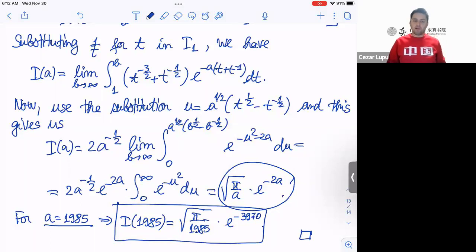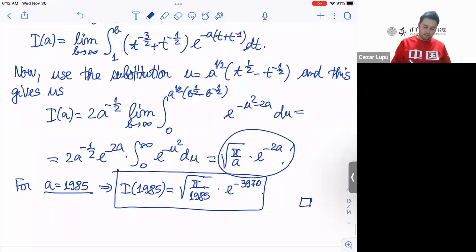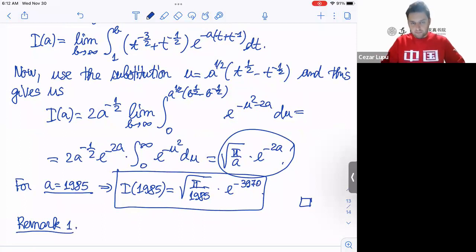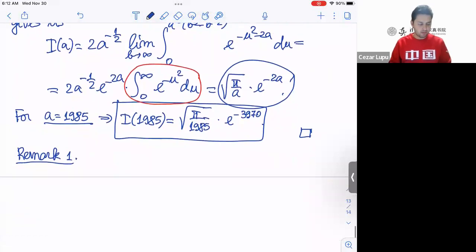All right, so now I'm going to make an observation about this. First, I want to point out a bunch of remarks. Remark 1. As you can see, we use this integral, the Gaussian integral, and we would like to give a brief account of this integral.